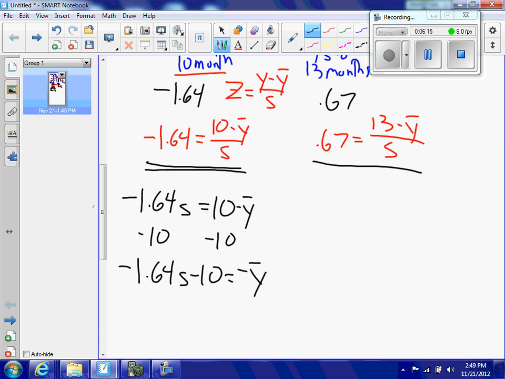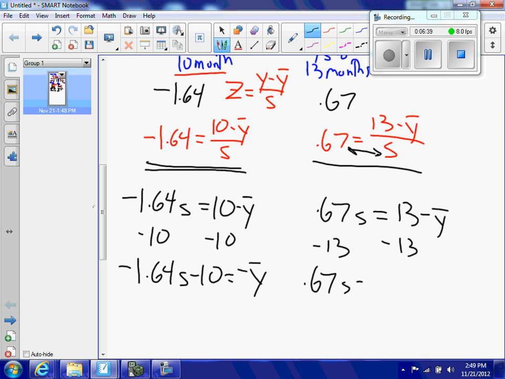And on this side, I'm going to do the same thing. I'm going to multiply both sides by s. I'm going to get 0.67s is equal to 13 minus y bar. And I'll subtract 13 from both sides. I will get 0.67s minus 13 is also equal to negative y bar.